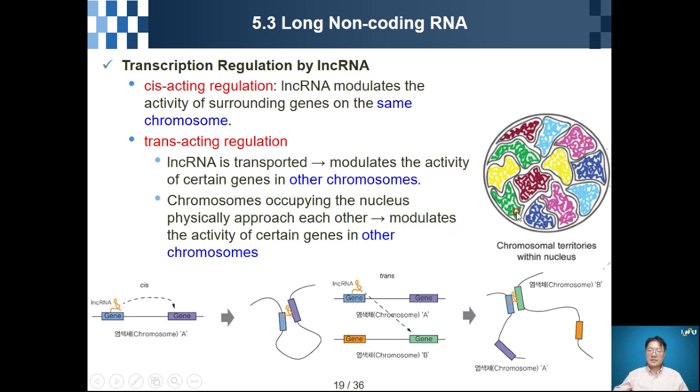Because of this configuration, it can modulate the activity of a certain gene in another chromosome. For example, the long non-coding RNA in this chromosome, because this chromosome is in contact with this chromosome, can modulate the activity of a certain gene in the other chromosome.